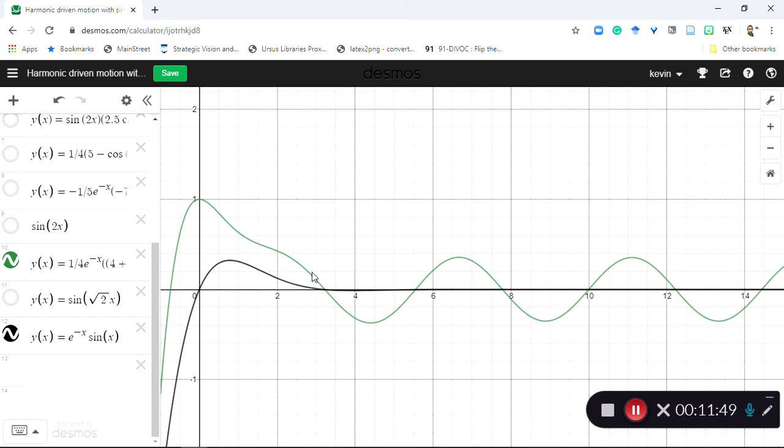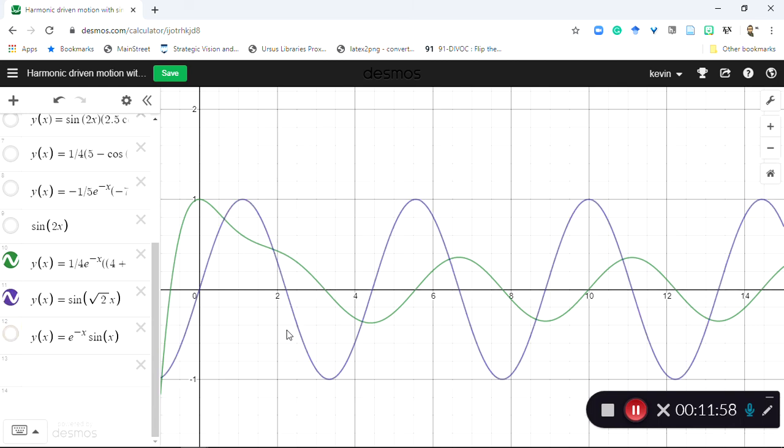So the homogeneous solution is decaying fairly quickly. But then you have this driving force, which doesn't really care that it's decaying. So whenever the driving force is positive, it's pushing the mass to extend the spring, and wherever it's negative, it's pushing the mass to compress the spring.